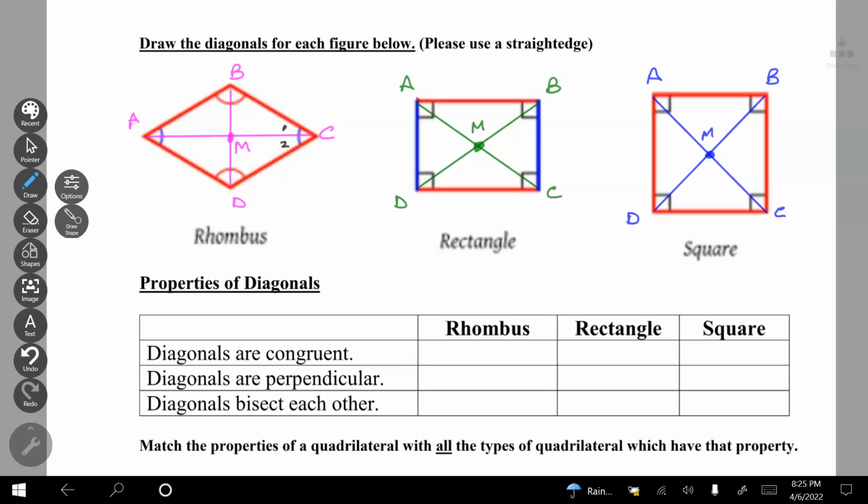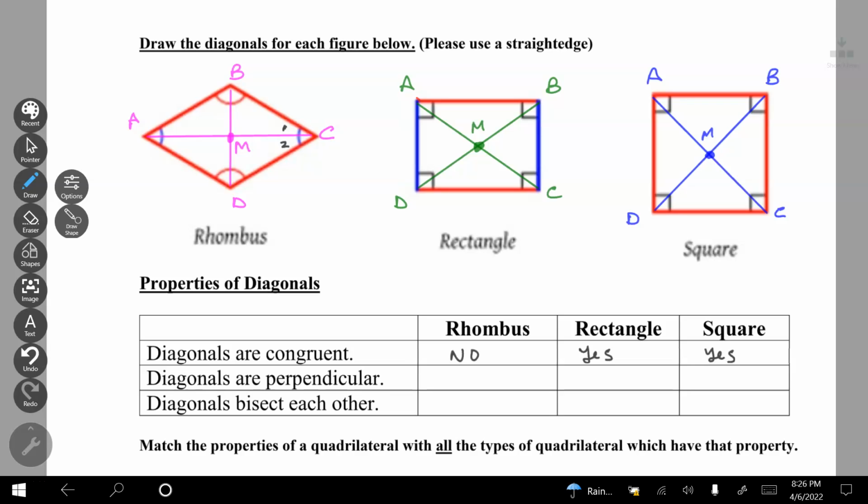Do you think that AC and BD are congruent? I think AC is a lot longer, so that's definitely a no for the rhombus. But in these rectangles, these very much look the same, and if you think about this by the Pythagorean theorem, the blue side squared and the red side squared is going to equal the green and vice versa, so that is a yes, and I think the same thing for a square is a yes.